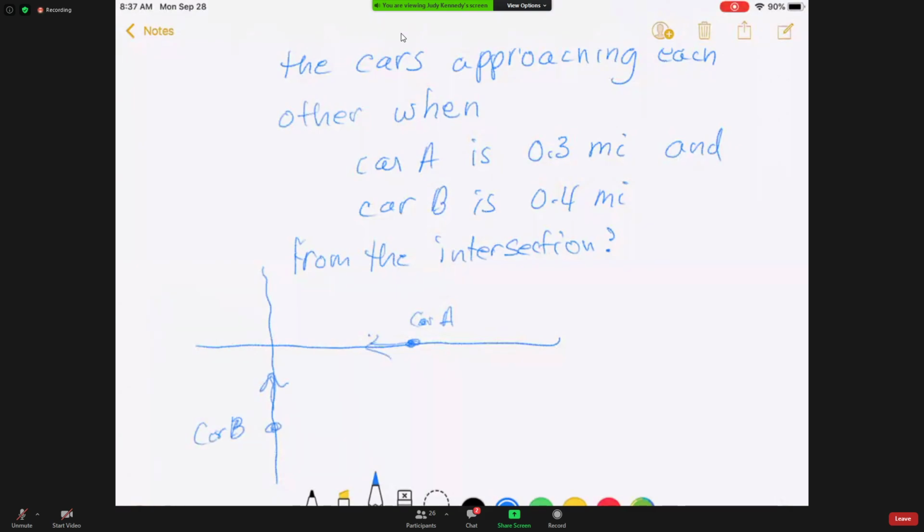What basic relationship can I use here? And a hint: the dotted line would represent the distance from car A to car B. Anybody?